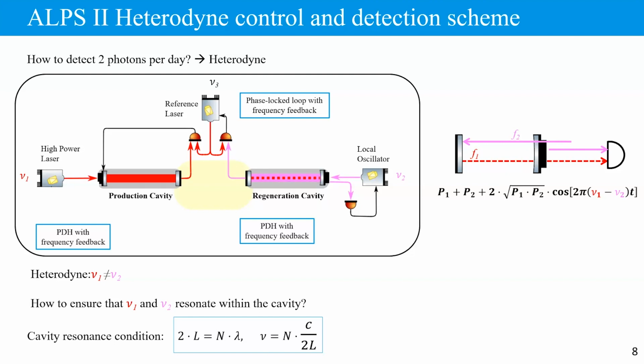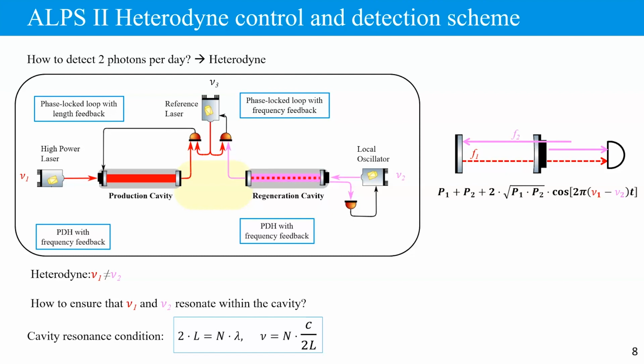And the final step to ensure that this field resonates in the regeneration cavity is to implement a further loop that makes sure that the production cavity length follows the reference laser frequency. So by doing so, we make sure that if we have a regenerated photon here, it resonates within the cavity, so we get a power buildup.